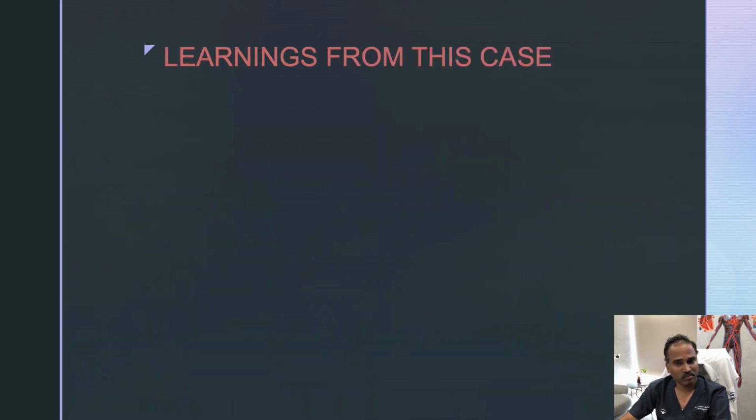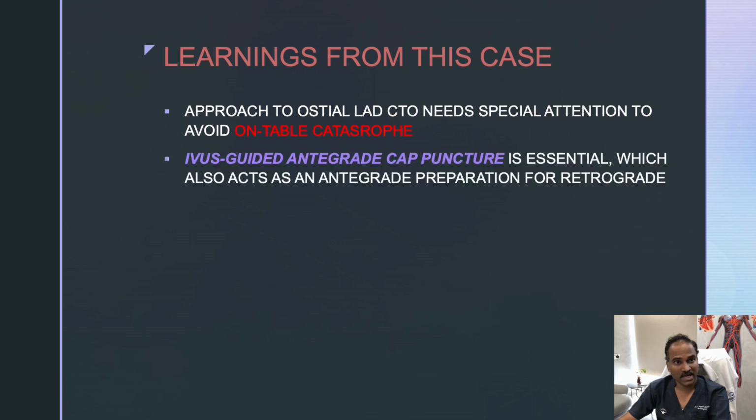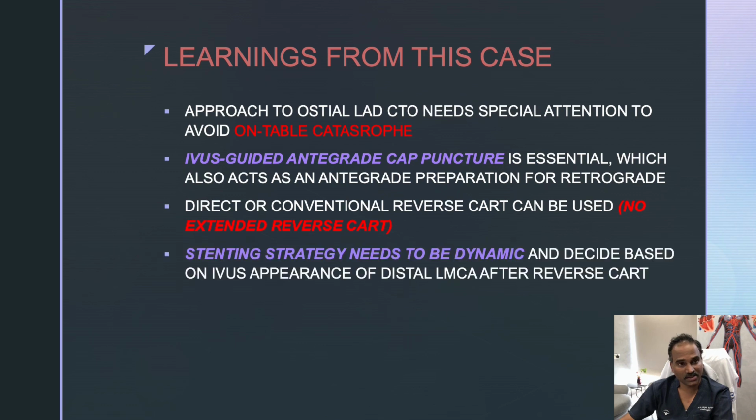Points to take from this case: approach to ostial LAD CTO needs special attention to avoid on-table catastrophe. IVUS-guided antegrade cap puncture is essential, which also acts as an antegrade preparation for retrograde. Direct or conventional reverse CART can be used. No extended reverse CART in ostial LAD or ostial LCX lesion.